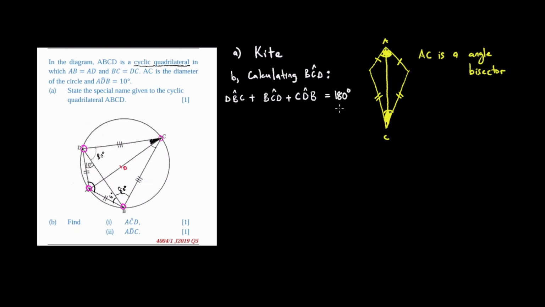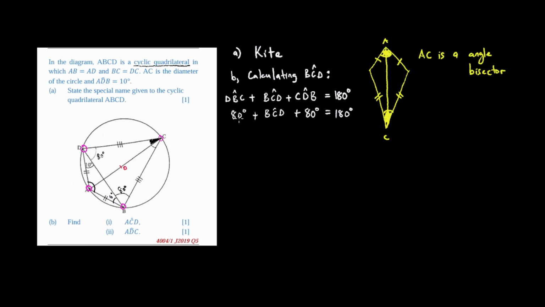It's a triangle. Then here, you know that DBC, this angle, is 80 degrees, plus BCD that we are looking for, plus CDB is also 80 degrees. 80 comes from the fact that this triangle DBC is actually isosceles. This is equal to 180 degrees.